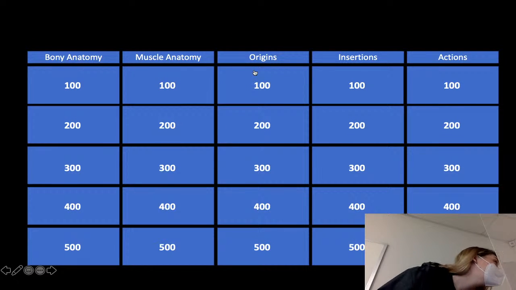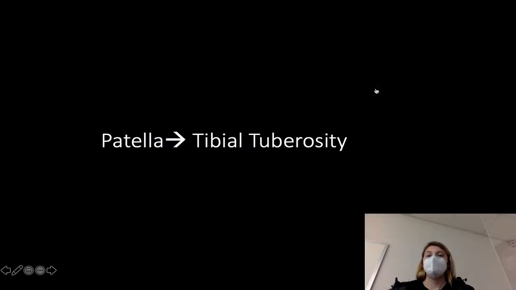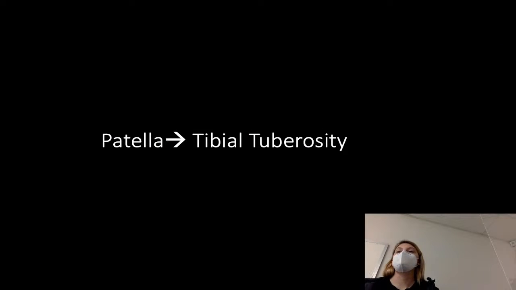Insertions for what? 100? This is another one. You have to name them all. Patella to tibial tuberosity.